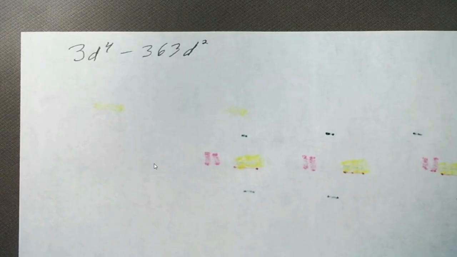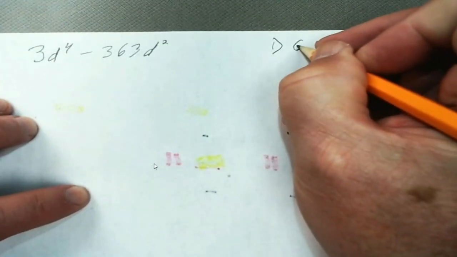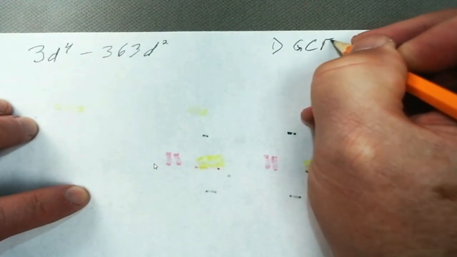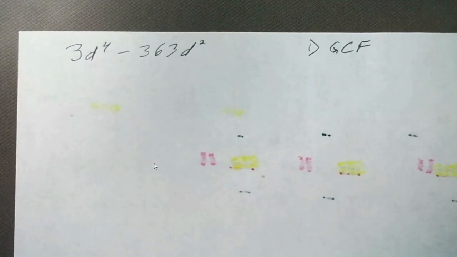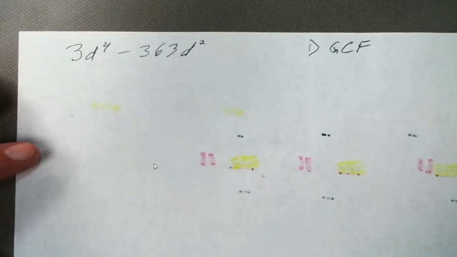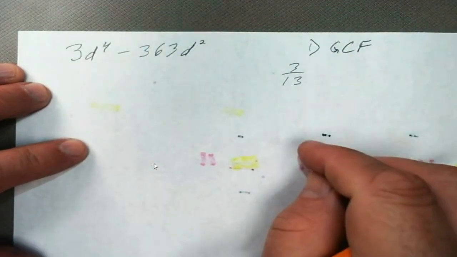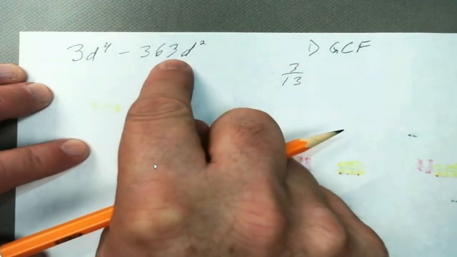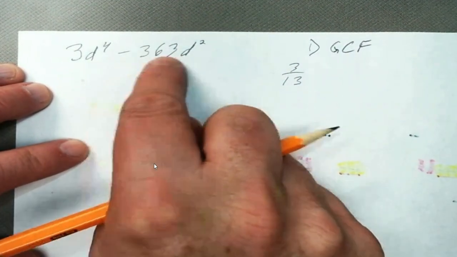But remember, when we factor anything, the first step always, always, always is greatest common factor. So the factors of 3 are 1 and 3. 363 is divisible by 3 because we can see 3s and 6s.